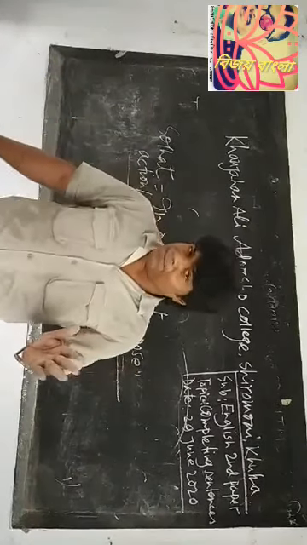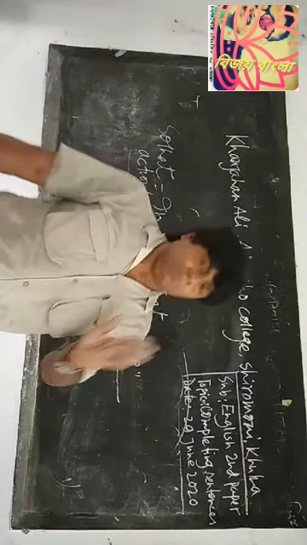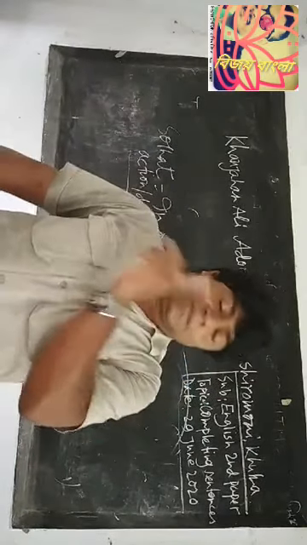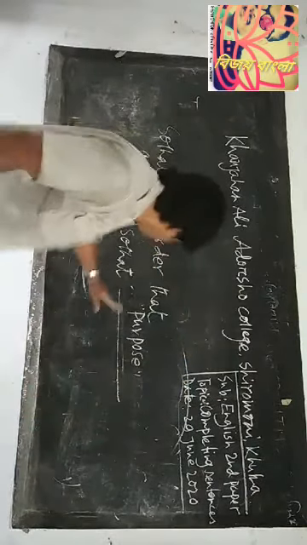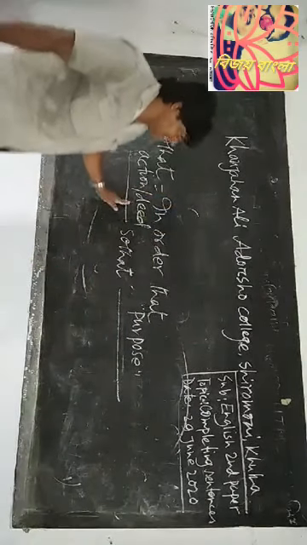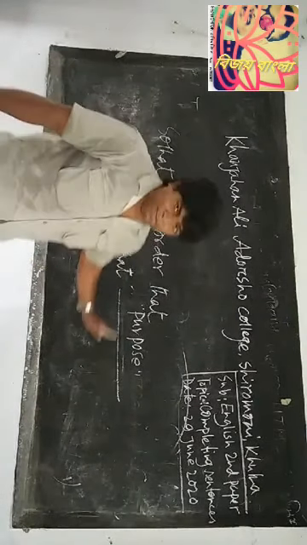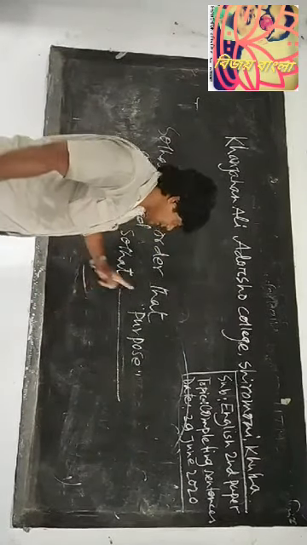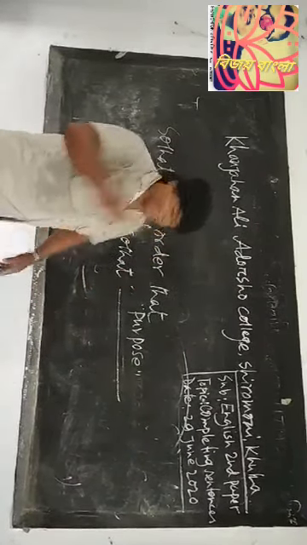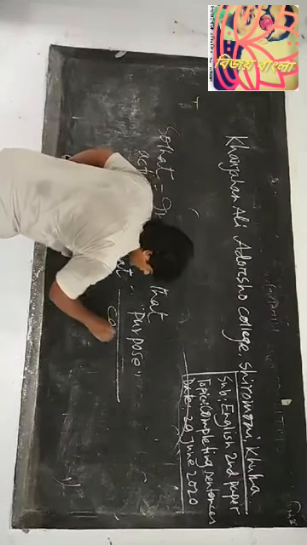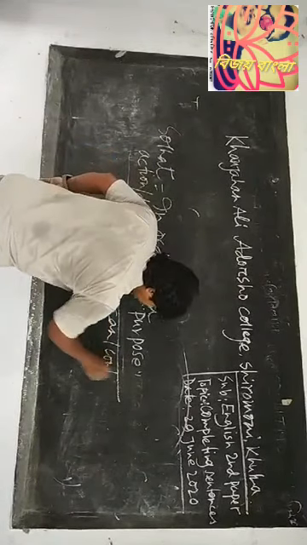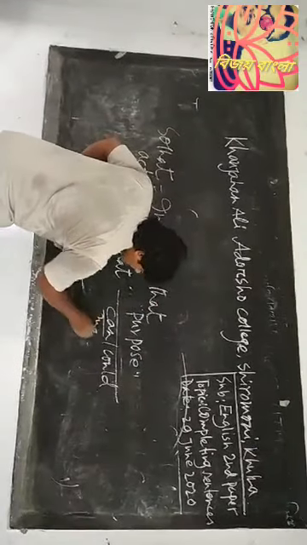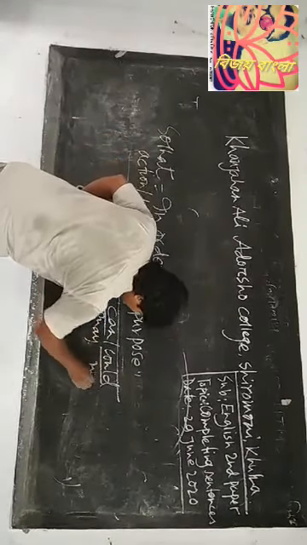For what purpose? For what purpose the agent is doing the particular work. Okay? At the left, action or deed, and at the right, purpose. And mind it, at the right, you must use can or could, or may or might.